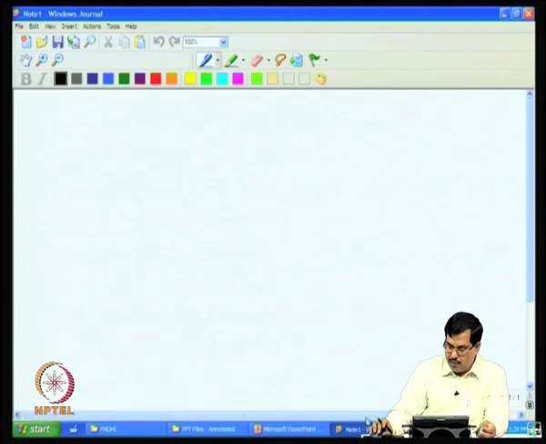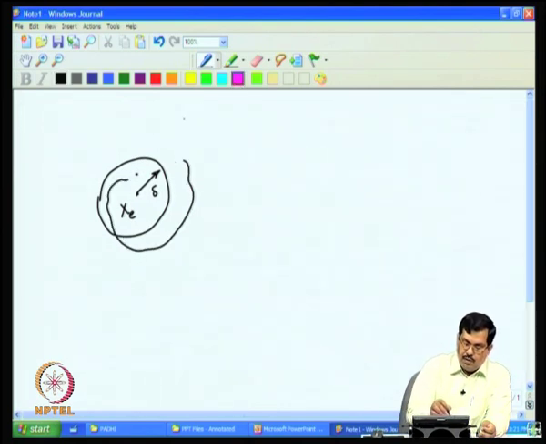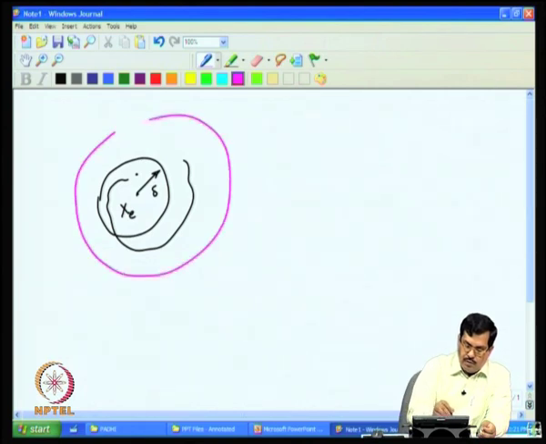So suppose there is Xc here. I start with a ball of, let us say, delta, and my initial condition x0 is somewhere in it. Then I will evolve somewhere, so that ultimately there is some epsilon ball.